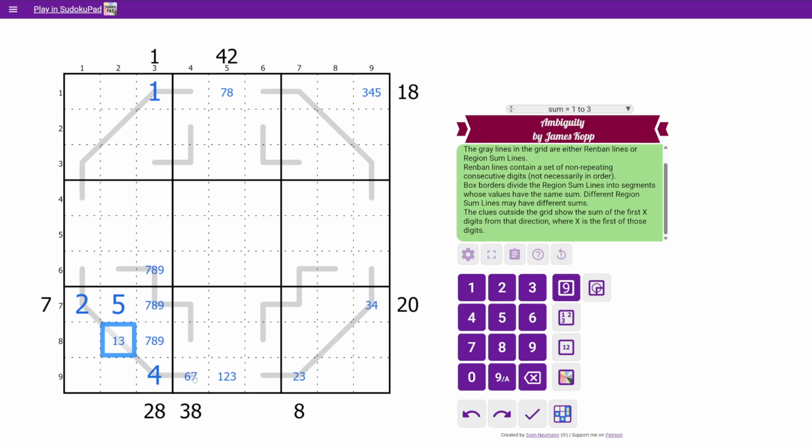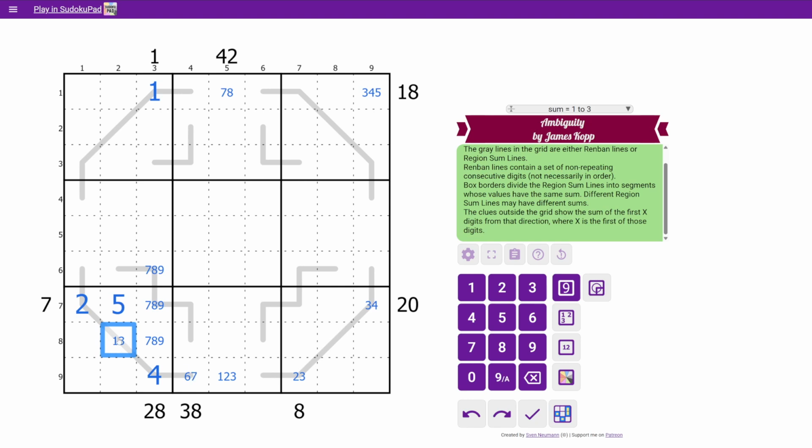If it's a 1, this is a 7, and it's a region sum. Because if it's a 1, it wouldn't add up to 6, and it could not reach 6. What I mean by reaching is, it wouldn't reach it if it was a Rinban, and then it wouldn't add up to 6. So if this is a 1, 6 will not work.